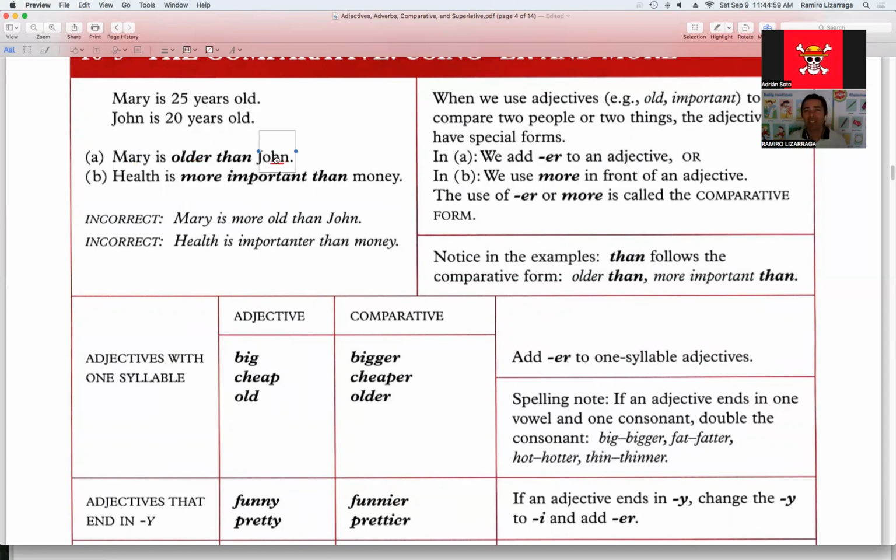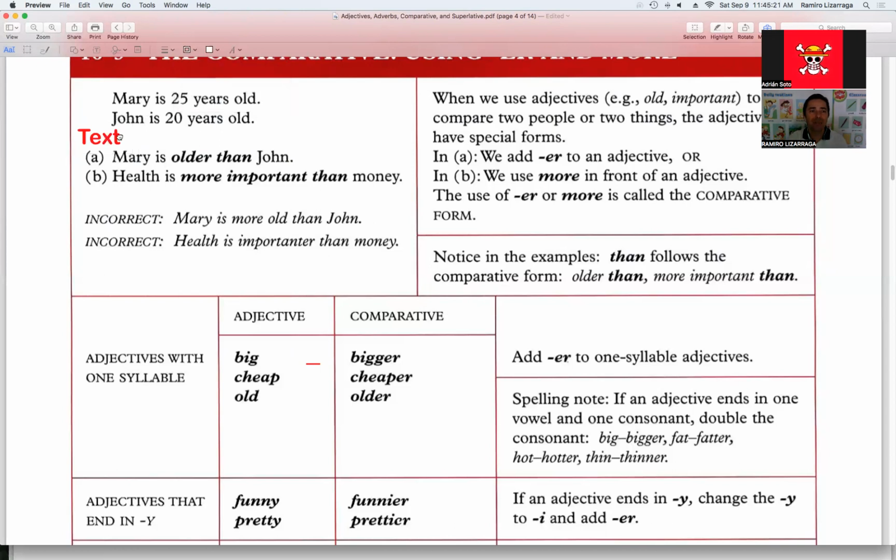This means that John is younger than Mary. Now I'm using another adjective. So I can turn the sentence around. Look at this.